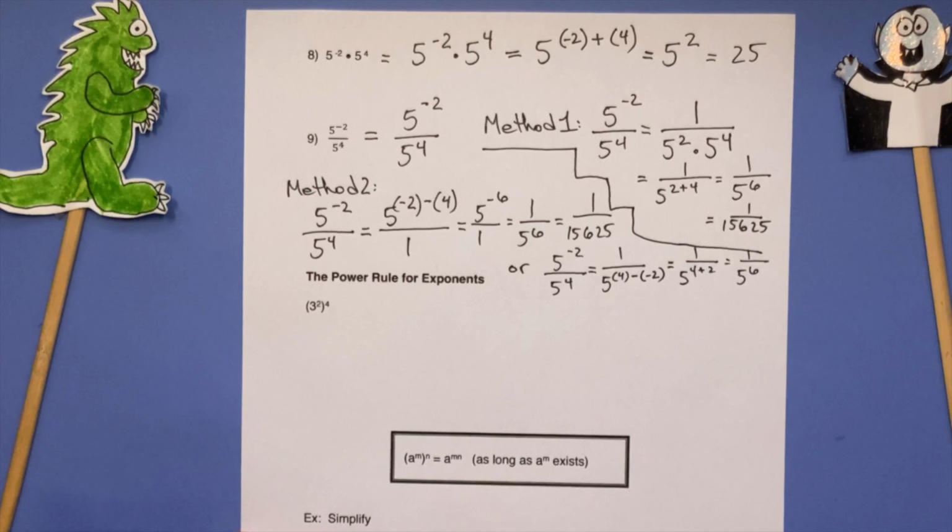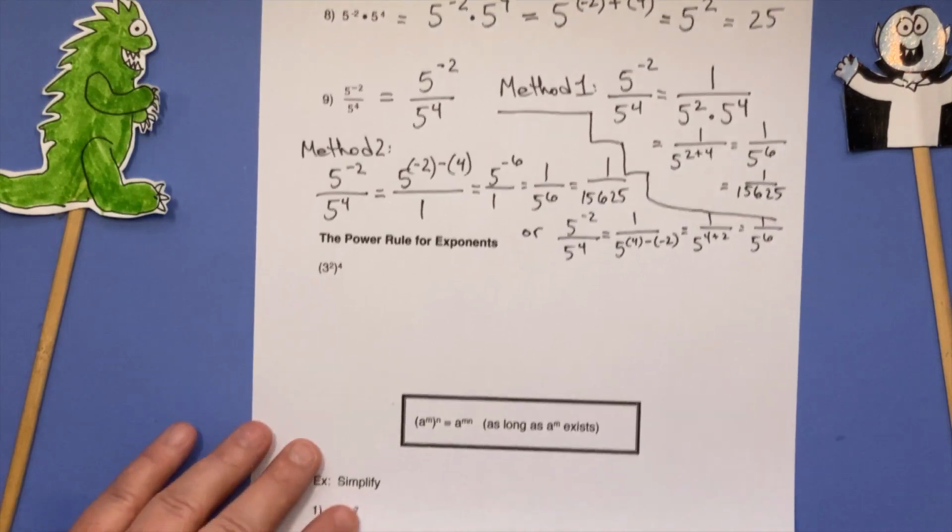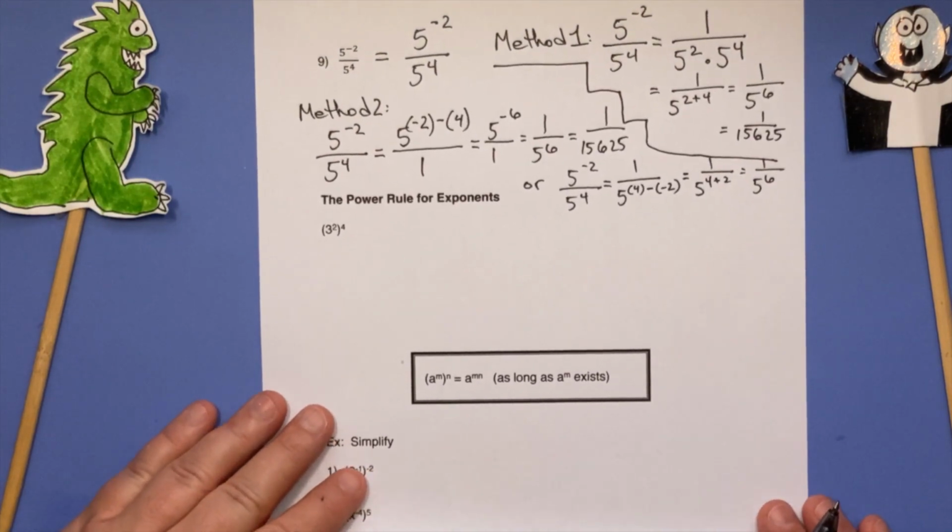Okay, so the last part of this that we're going to do for this video is that we're going to go over the power rule for exponents, and then we will continue this in the next video. So let me just introduce this for this video, and that is the power rule for exponents. So what does that mean?